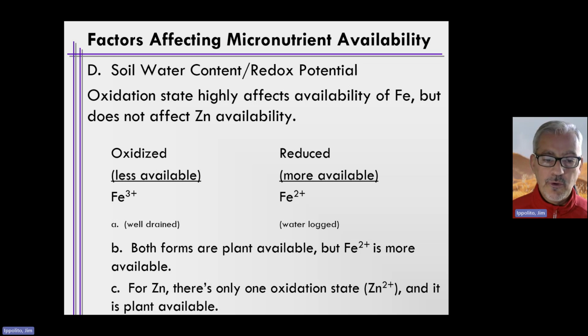And zinc +2 is plant available. So that's what plants take up. Plants will take up zinc +2. Plants will take up either iron +3 or iron +2, but more often than not, they're exposed to iron +3, which is less available than iron +2.